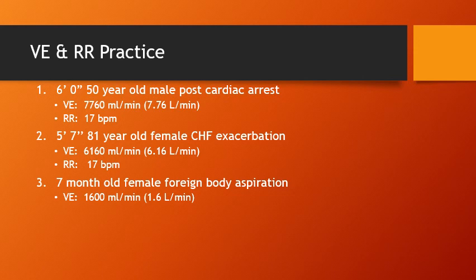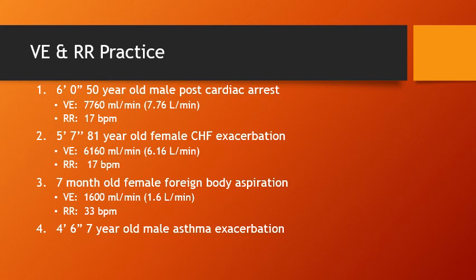Now remember, this is an infant, so we're going to multiply her ideal body weight by 200 to get her targeted minute ventilation. And then for her respiratory rate, we would take that 1,600 milliliters per minute divided by the tidal volume that we already calculated for her, giving us 33 breaths per minute.